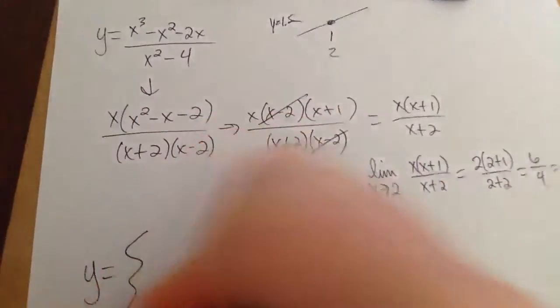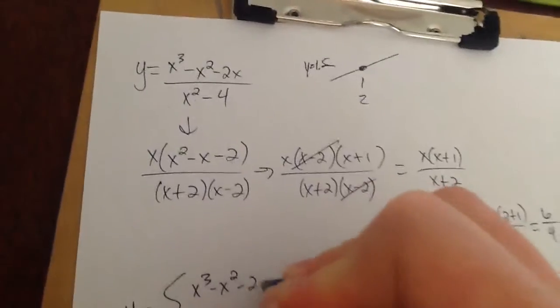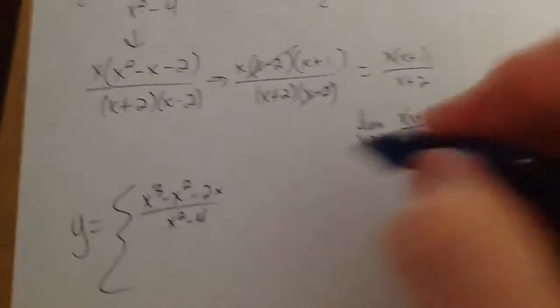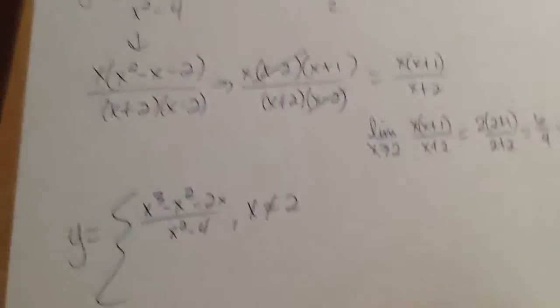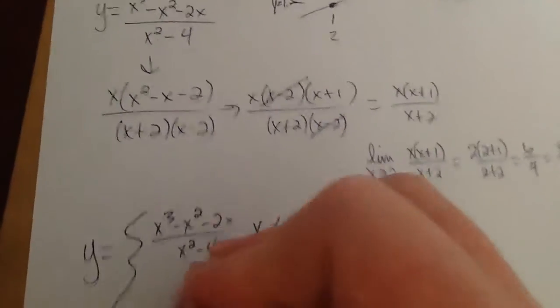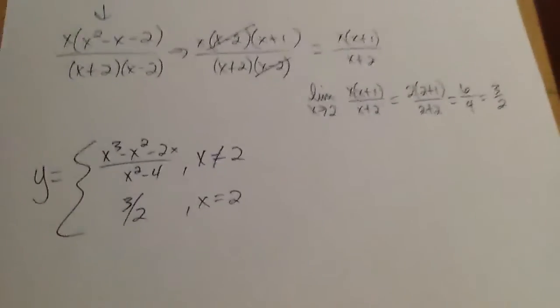I just say y equals, I'm going to turn it into a piecewise. It's x to the third minus x squared minus 2x over x squared minus 4. It can be equal to that whenever x does not equal 2. But then when x does equal 2, I just want it to be equal to 1.5, or 3/2.